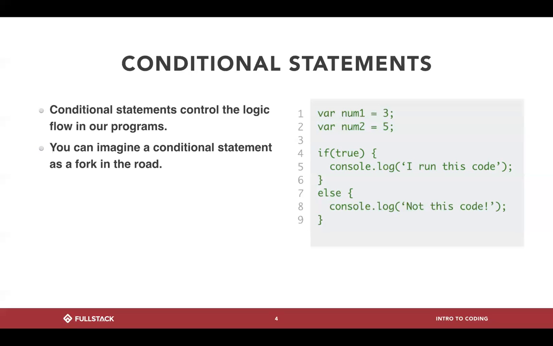And in this case, because we have a hard-coded true value, it will always evaluate to true and will always take the true path, the if path. So to write a conditional statement, we can use these if and else keywords: if with an evaluation, or else, all other cases where this evaluation is not true.